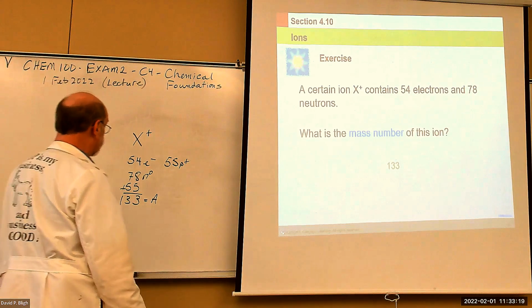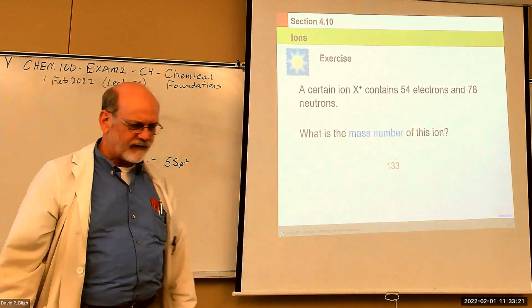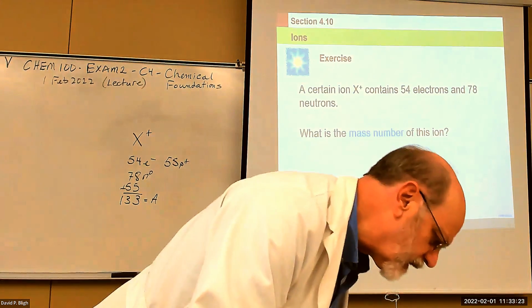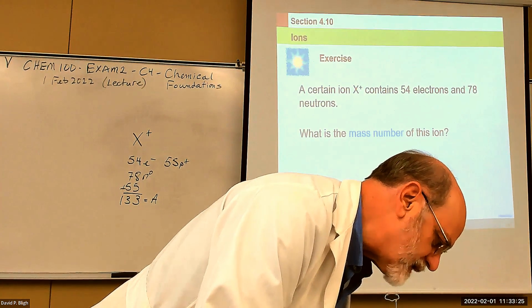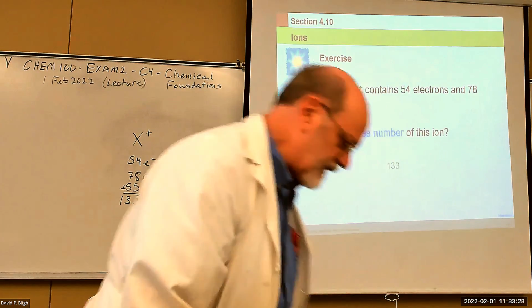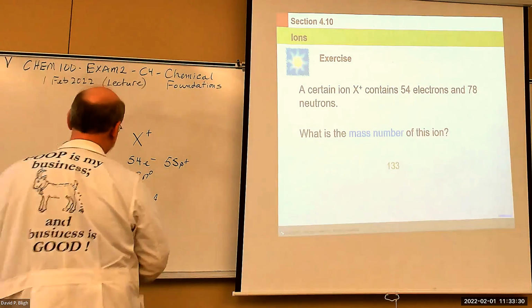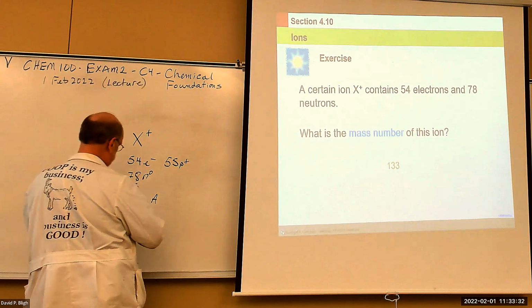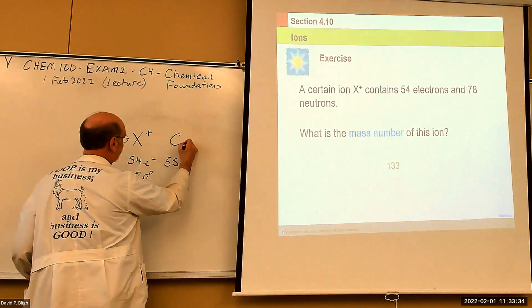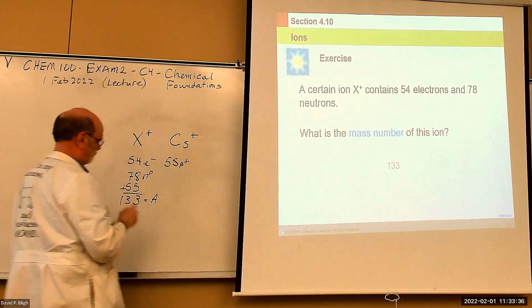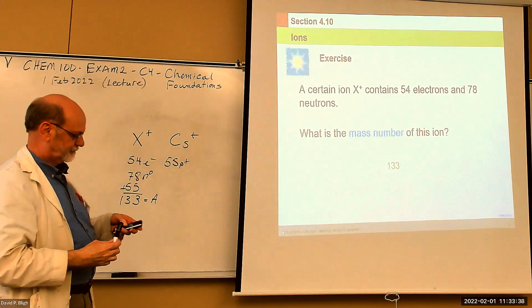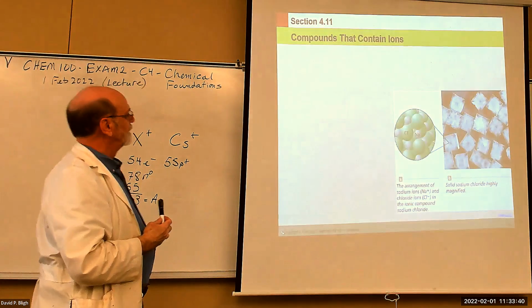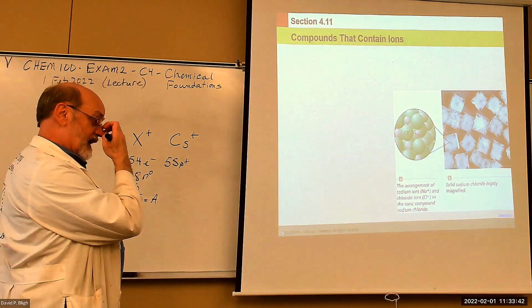Since we're here, what element is that? 55 protons? Let's see. 55 is cesium, Cs. So this would be like that.